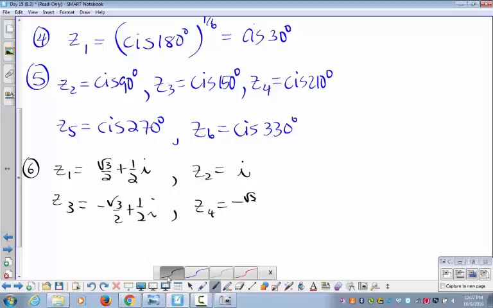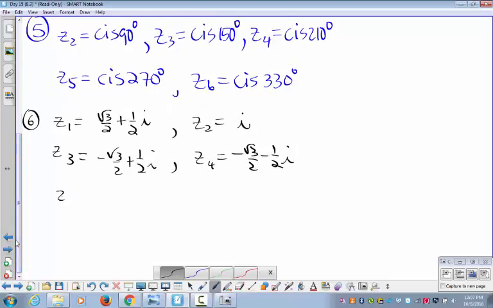That's minus root 3 over 2 minus 1/2 I. Z5, that's easy. That's minus I. Cosine of 270 is 0. Sine of 270 is minus 1. Multiplied by I. And then our last one is over at 330. So that's root 3 over 2 minus 1/2 I.